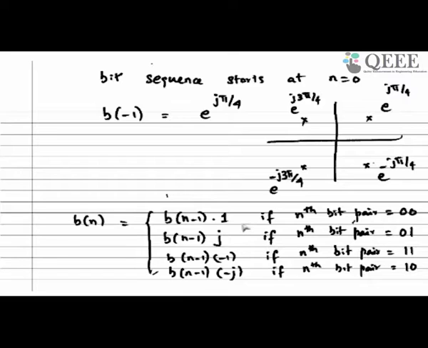I'll just take BPSK and differential BPSK and explain how the receiver will work for these two schemes, and the idea for the other schemes is similar. Then I will provide an efficiency study of all these different modulation techniques.